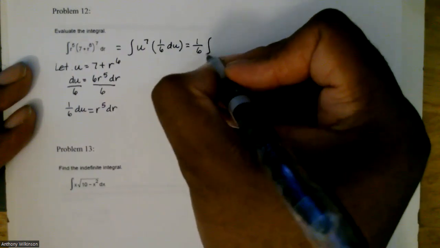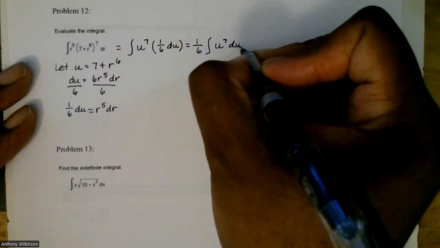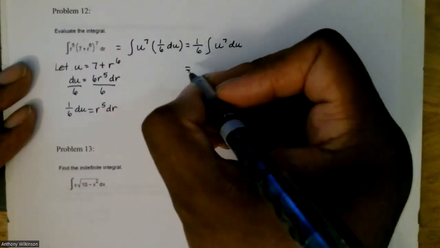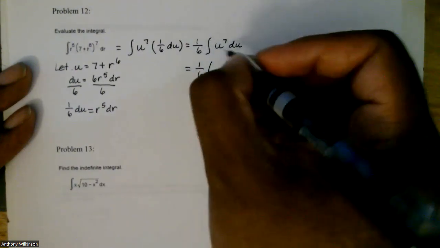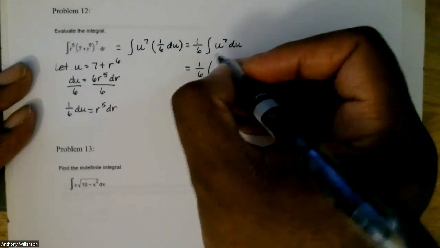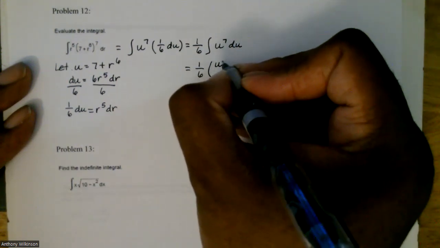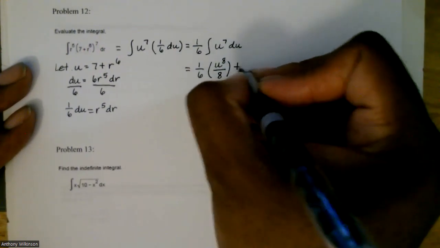So it'll be 1/6 times the integral of u to the 7th du. So in this case, you'll bring down the 1/6. Then u to the 7th, if I integrate that, that means I need to increase the power by 1. So it'll be u to the 8th divided by the new exponent of 8 plus c.